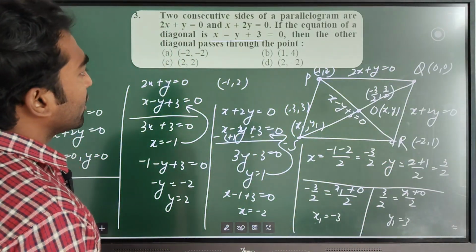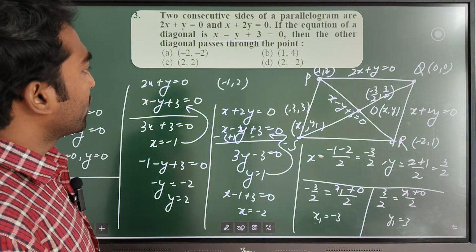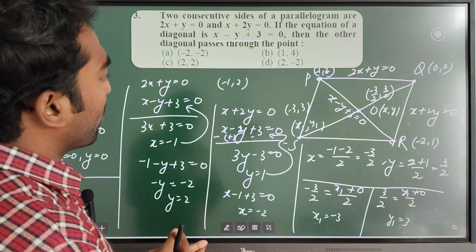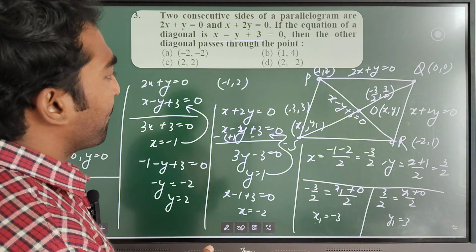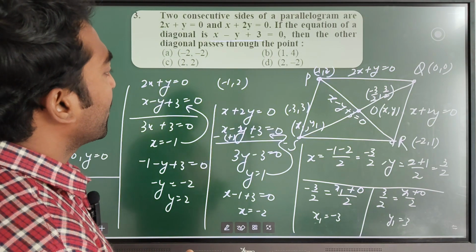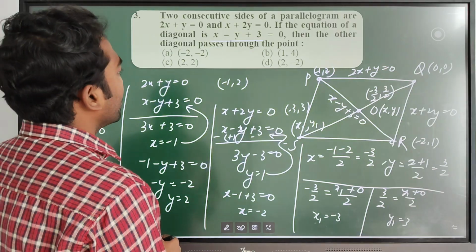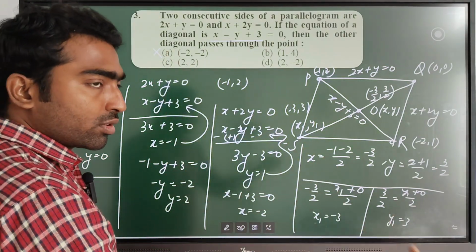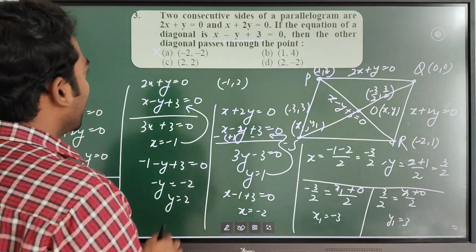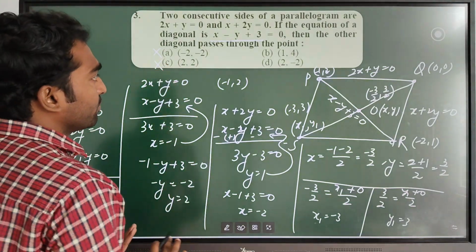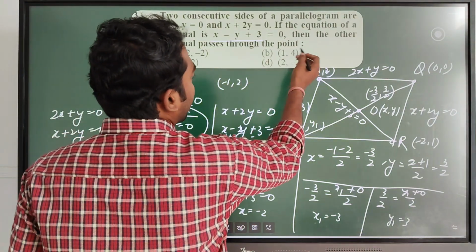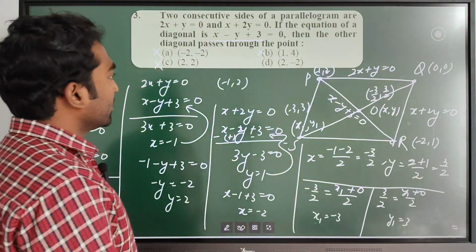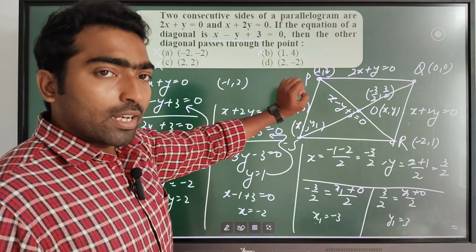Which one of the options is correct? Here is minus 2 comma 2, which means both coordinates will not be negative, both will not be positive, and here the coordinates x and y are different. So this will not be your answer. Your answer is 2 comma minus 2.